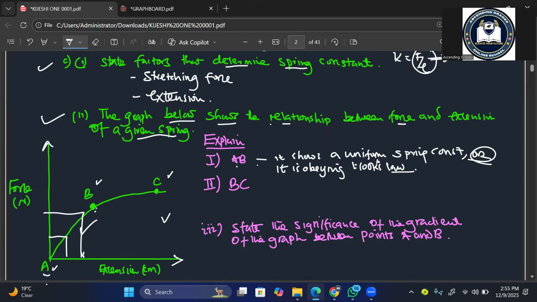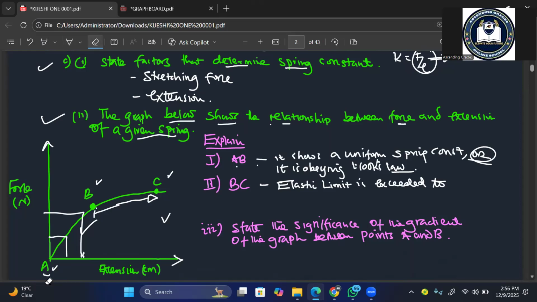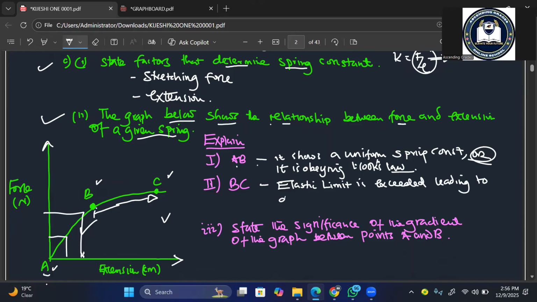Then at this point, where we are having some irregularities, then we say the elastic limit is exceeded, leading to deformation.